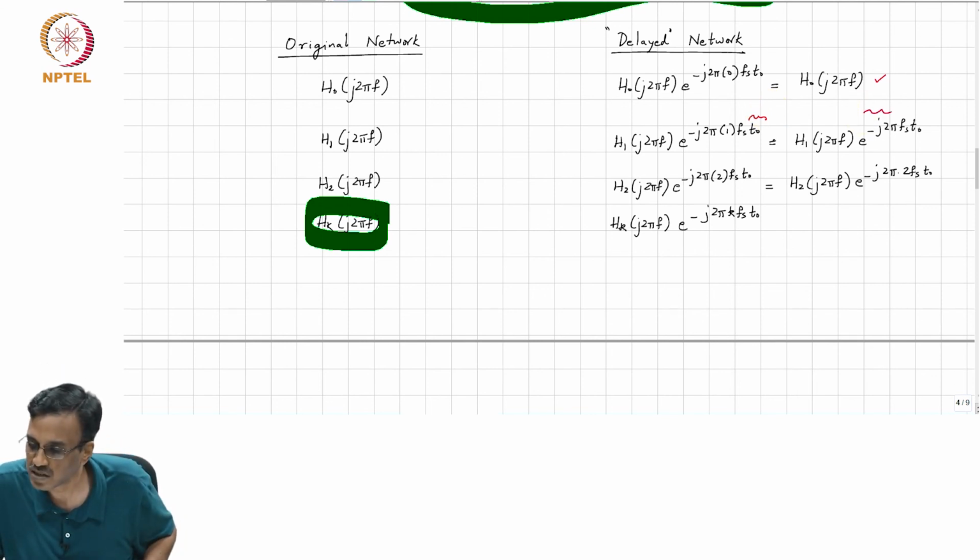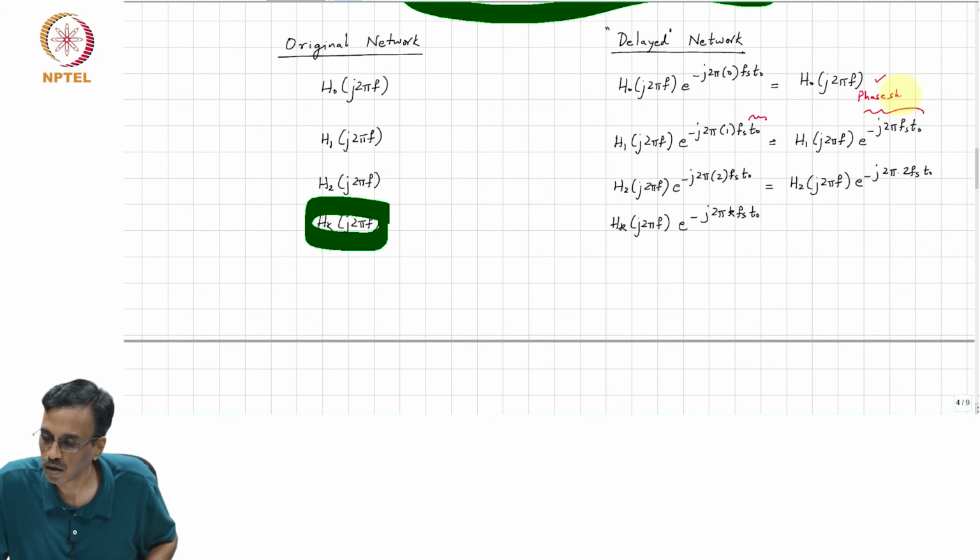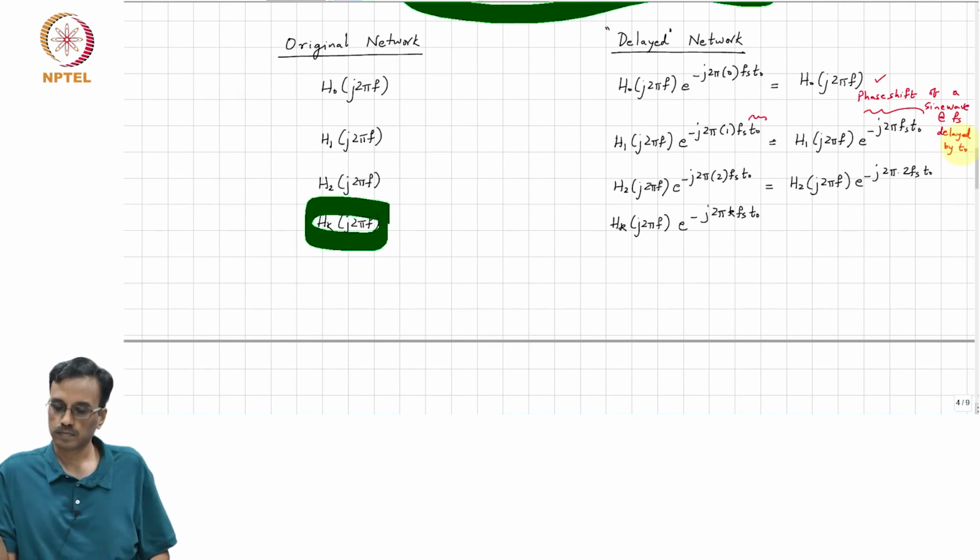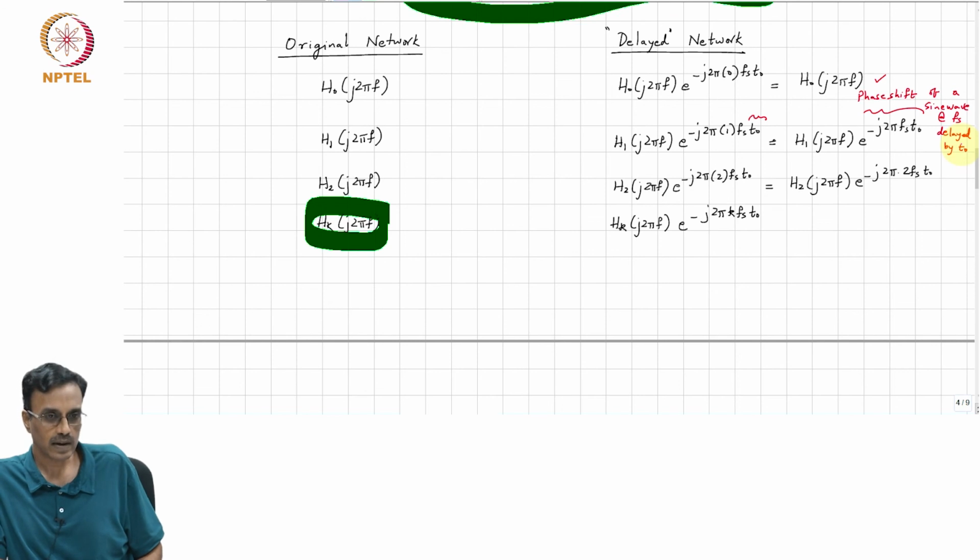So, this is the phase shift of a sine wave at f s delayed by t naught. All right.